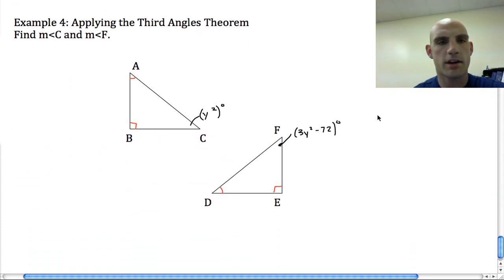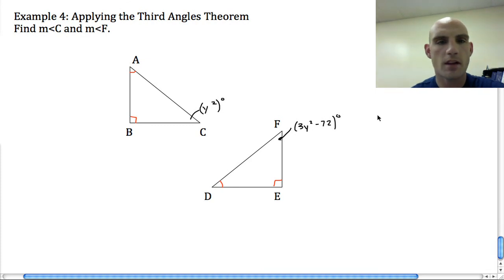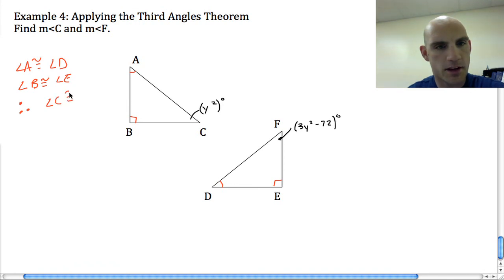And so when we go down here, here's what we're saying. I have two triangles. Angle A is congruent to angle D. Angle B is congruent to angle E. So therefore, and this little symbol means therefore, angle C must be congruent to angle F. So what I'm going to do is I'm going to say y squared is equal to 3y squared minus 72.